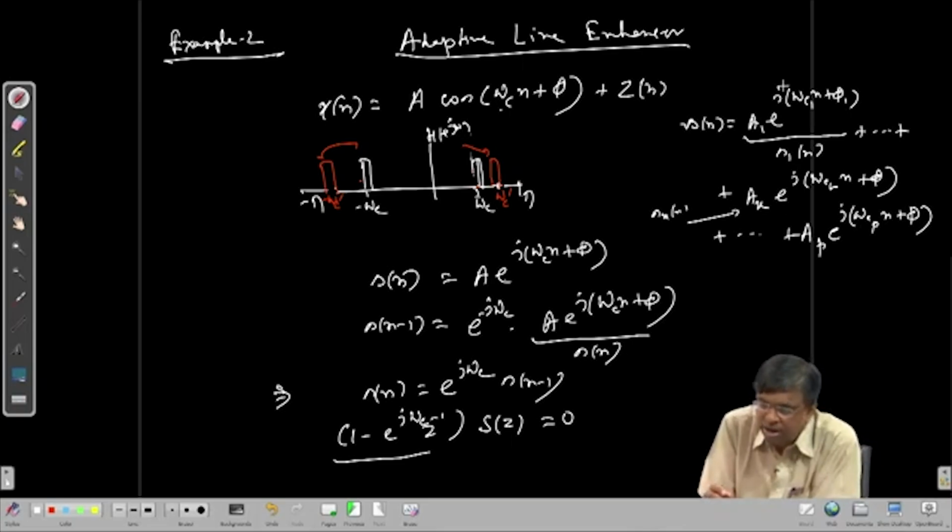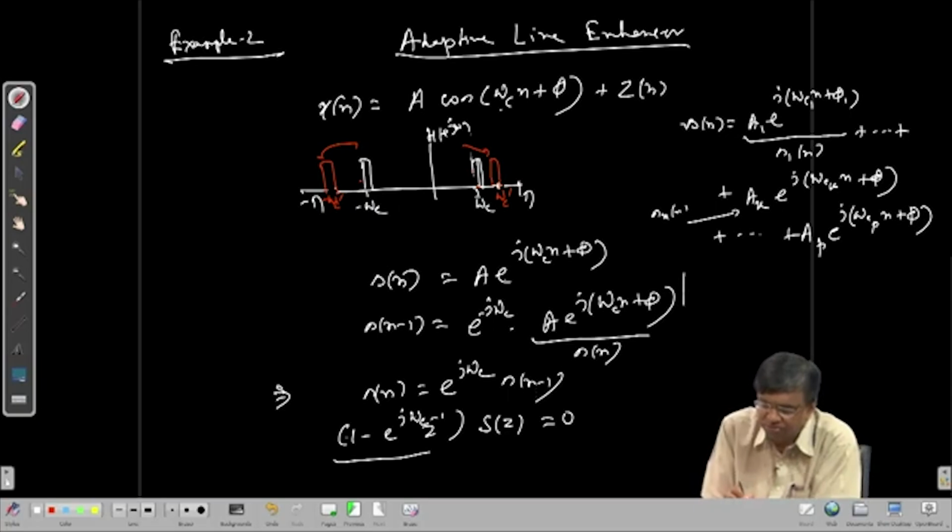And if I had only this, then I know if I construct a polynomial like 1 minus e to the power j omega c1 z inverse, that into S1z is 0. Similarly, from here, if I call it Skn, and if I construct a polynomial 1 minus e to the power j omega ck z inverse, that into capital Skz is equal to 0, and likewise.